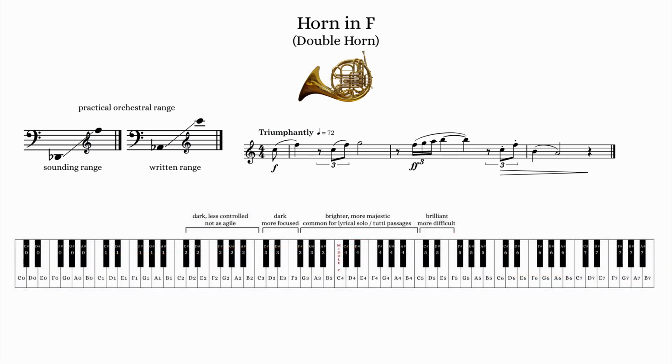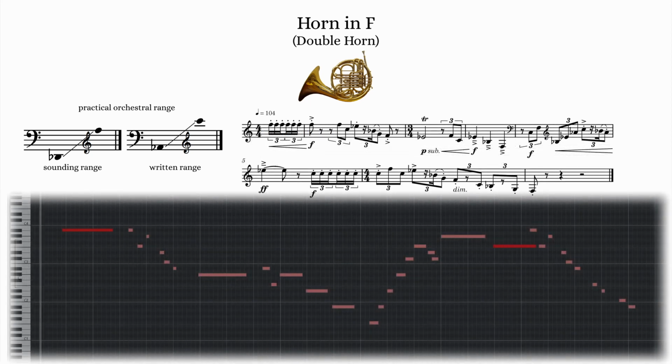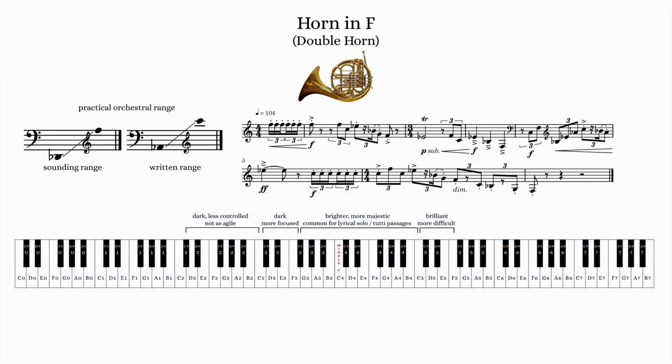Many orchestral horn passages take advantage of the larger range of the instrument, as well as the various playing techniques like staccatos, trills, marcatos, and double or triple tonguing. Stopped horn is a commonly used horn technique as well, offering a slightly buzzier, more nasal timbre.